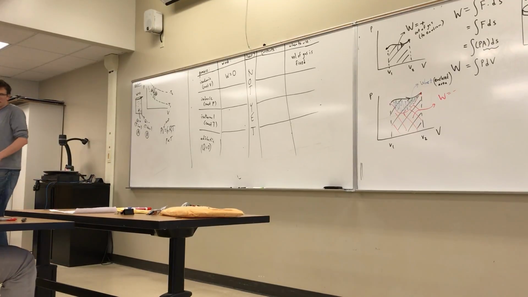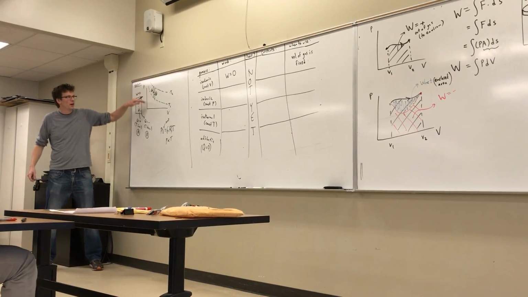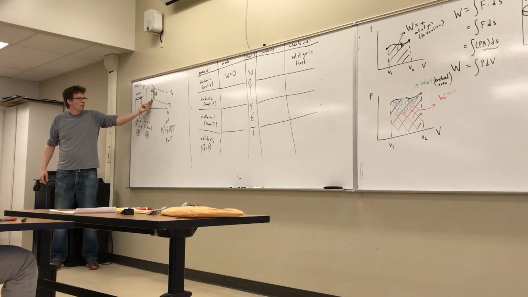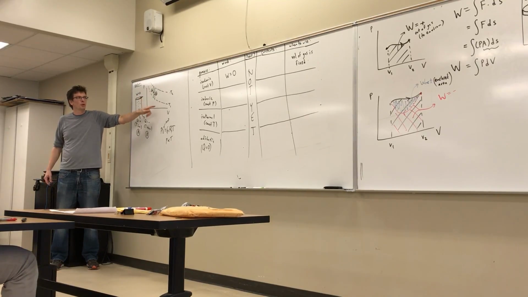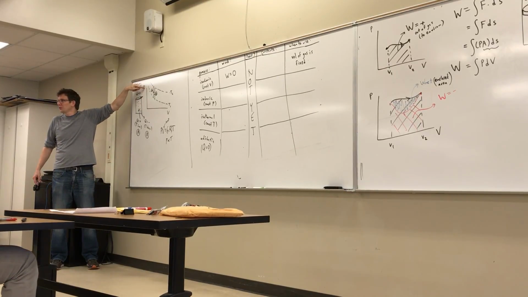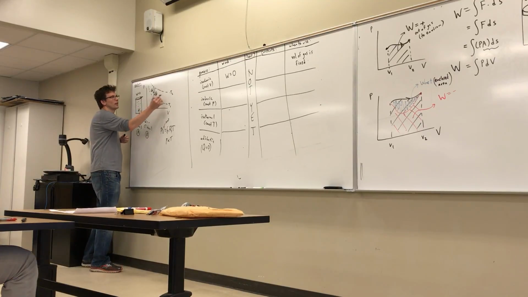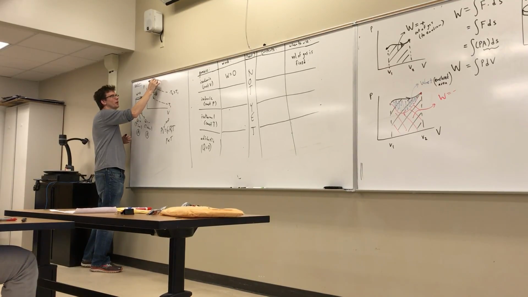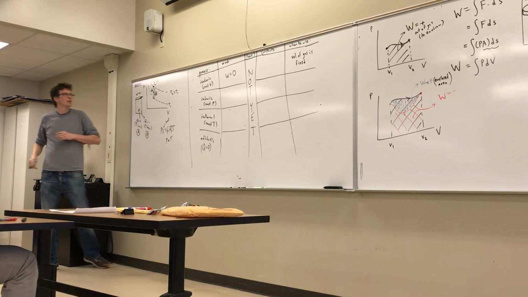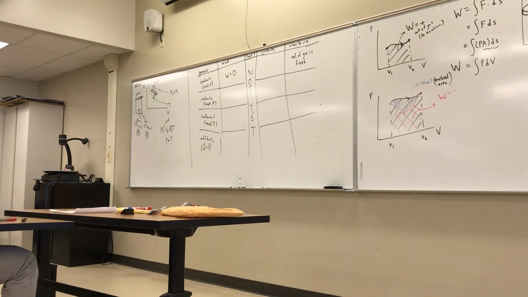It's included here on the PV graph. Notice when I increase the temperature, going from the T1 to the T2 isotherm, I am also increasing the pressure. So P2 is greater than P1.